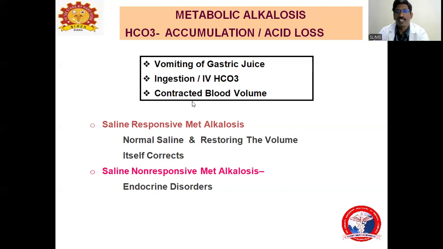Then there is contracted blood volume. In contracted blood volume, sodium is retained at the expense of hydrogen ions. So in metabolic alkalosis, we have two types, saline responsive and saline non-responsive. In saline responsive, normal saline restores the volume, the contracted blood volume, and the pathology corrects by itself. Saline non-responsive means endocrine disorders.